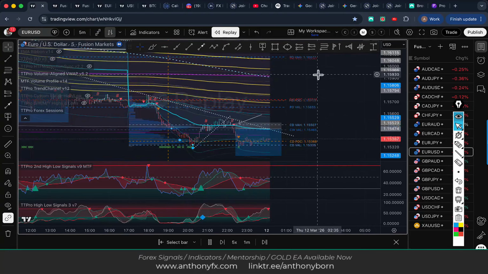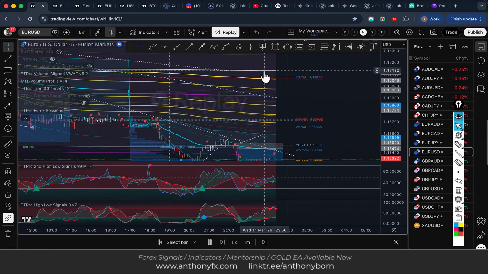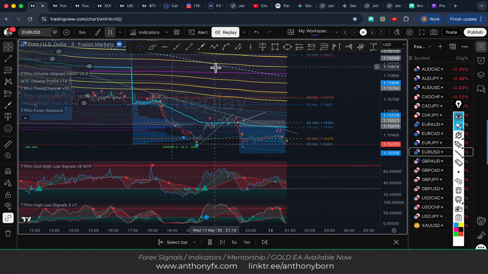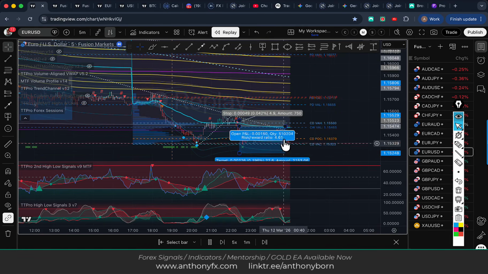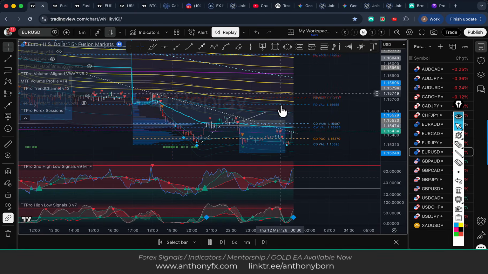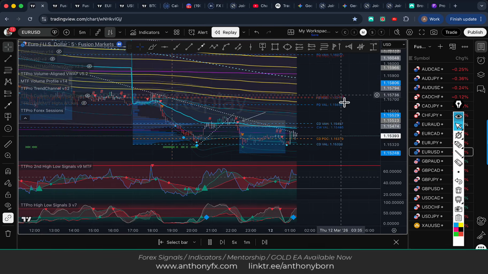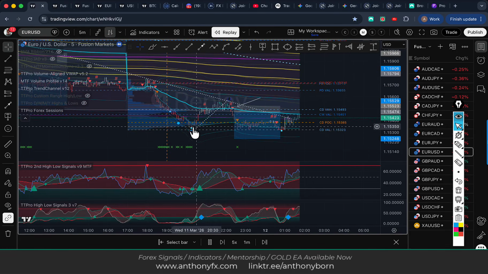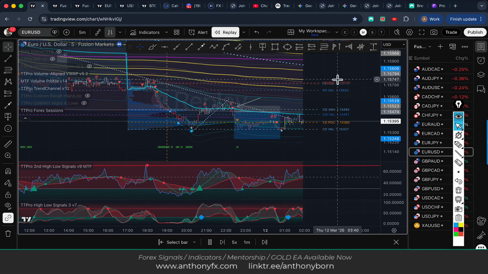So I'm expecting, and see the purple and the white, I'm expecting it to pull back into purple, and also our blue dotted line. So, you know, this is quite a distance away, and at some stage it will move back into these levels. So once it's overextended like that, you've got to just be careful, but expect that to potentially pull back.